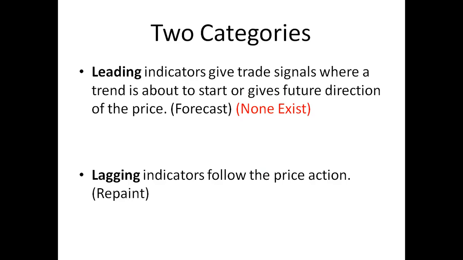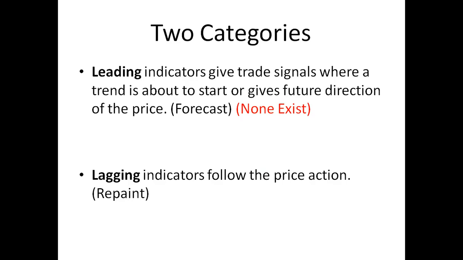And in the Forex market, we call them repaint indicators. They repaint. It's like the action has taken place before they are telling you that, okay, this is what it's supposed to be. They are not able to give accurate forecasts.